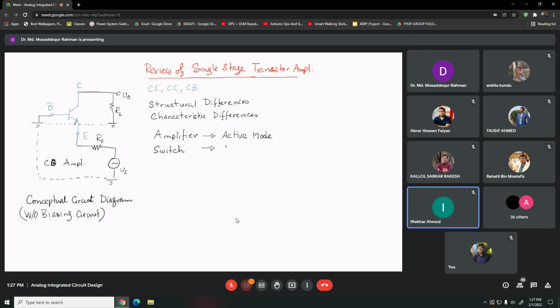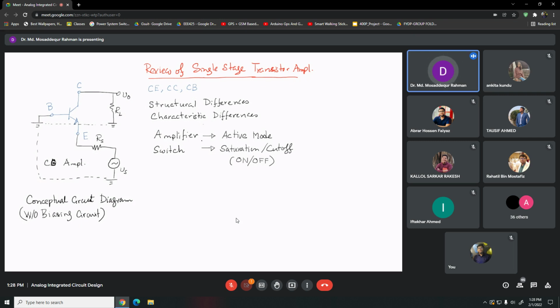Right, it has to be saturation, and the other is cut off. In saturation mode, the transistor will be on, the switch will be closed, and in cut off, the transistor will be off, the switch is kind of open. On, off.